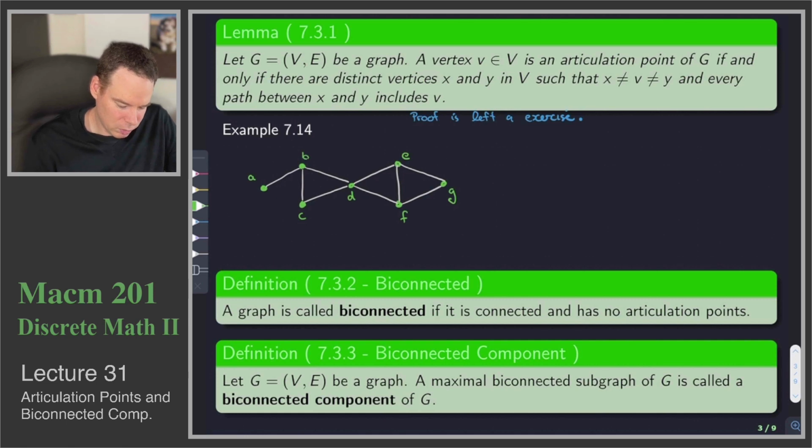So how are we going to use this result? Well, consider vertex A and G. So we'll just draw our attention to those. We've got these two vertices, A and G. And now just think about all the paths that go from A to G. So no matter what path you take, what do they all have in common?